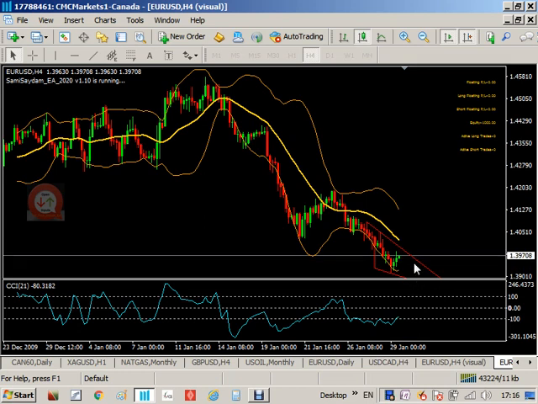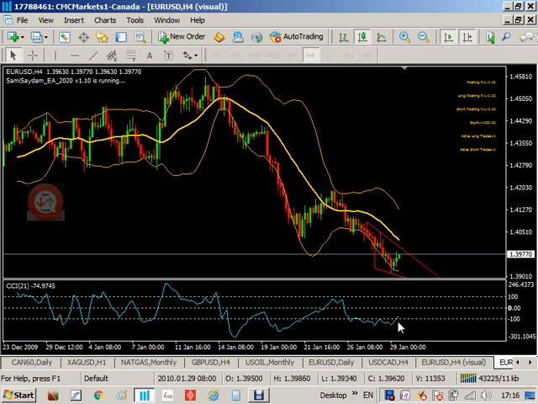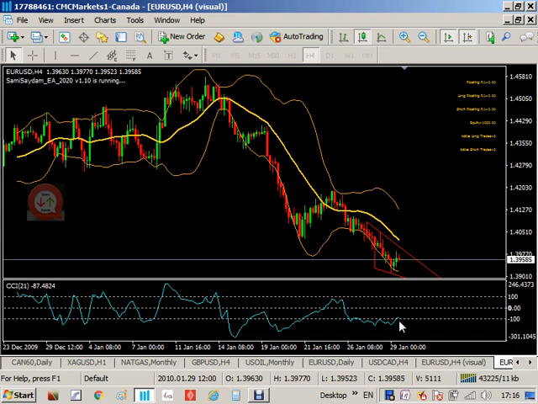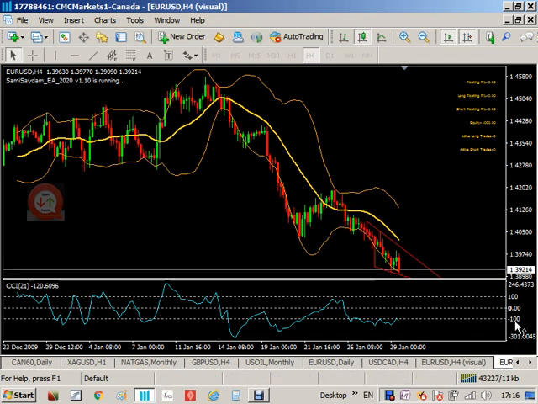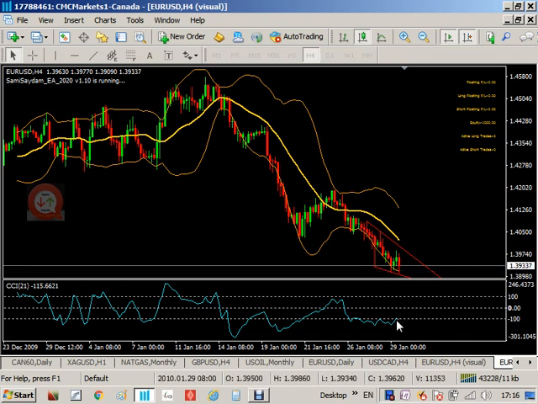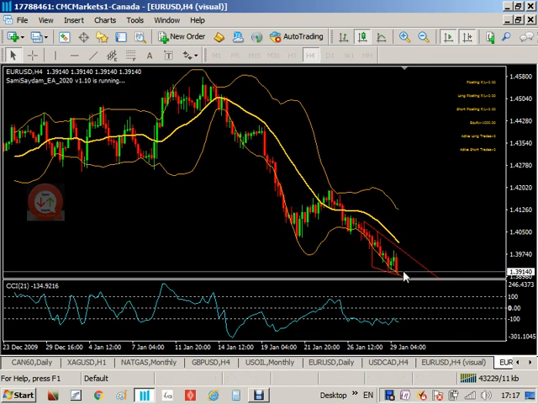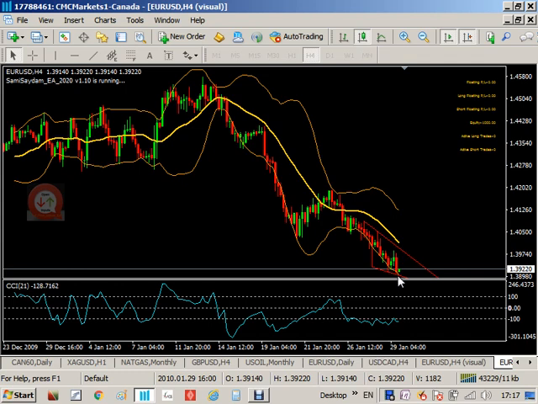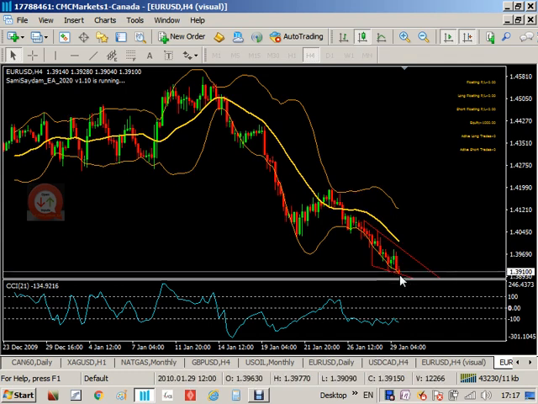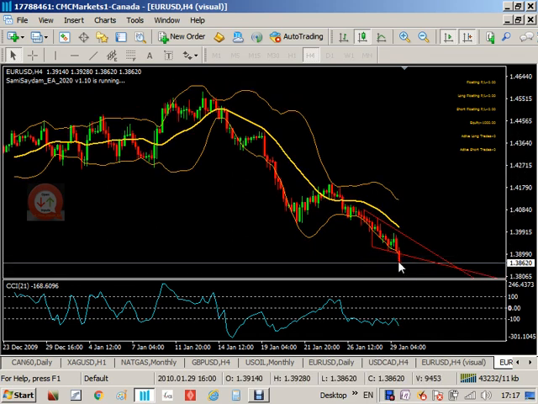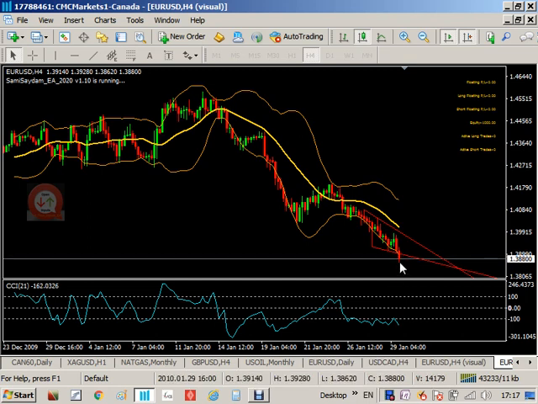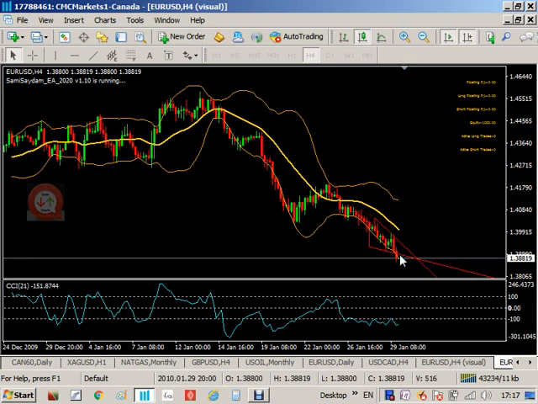So we are still waiting, and you see here the CCI is touching the minus 100. Trying to break down the line, as you see here, breaking down again. There's a confirmation.